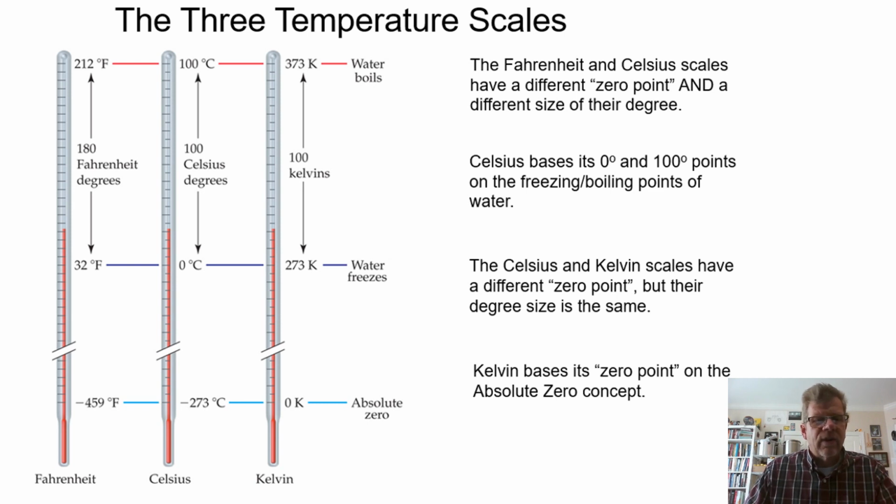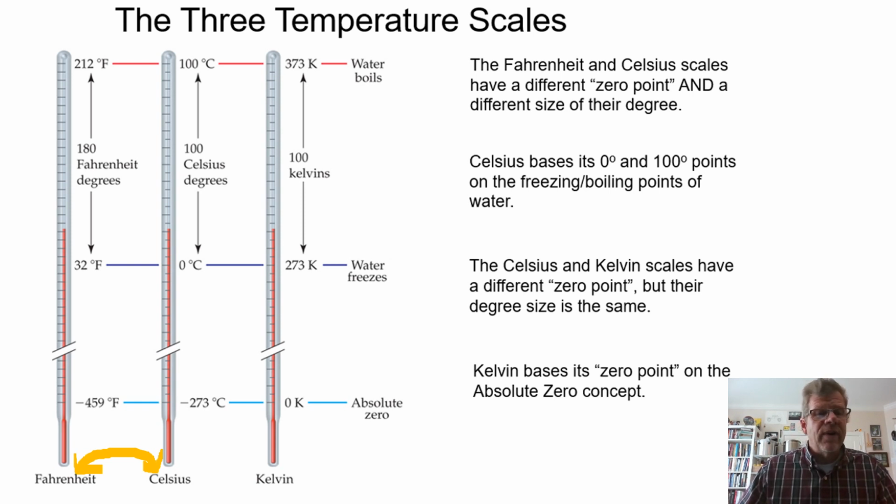I would like to look at some differences between the Fahrenheit and the Celsius scales. Now, in general, much of this is based upon the freezing point and the boiling point of water, because water is a very ubiquitous substance. These two physical properties figure prominently into the different scales.